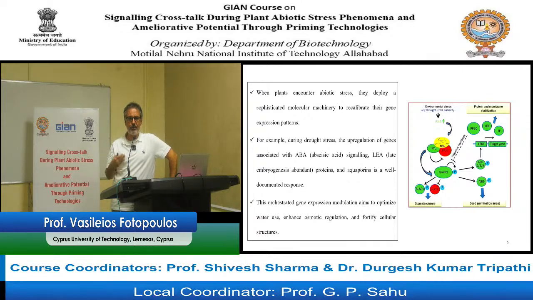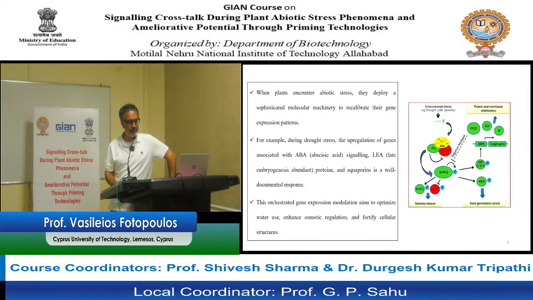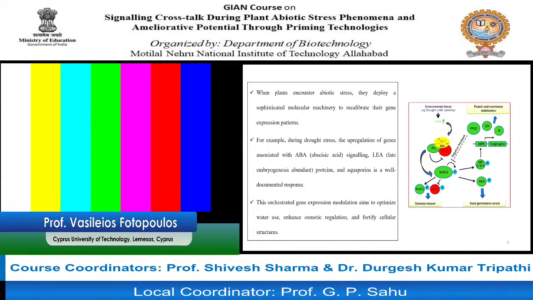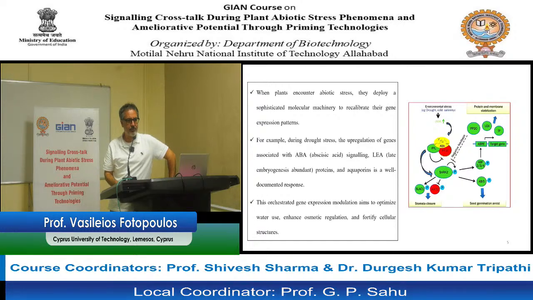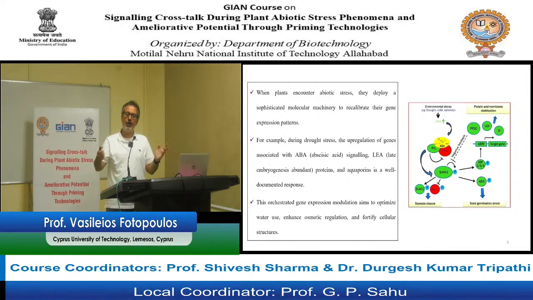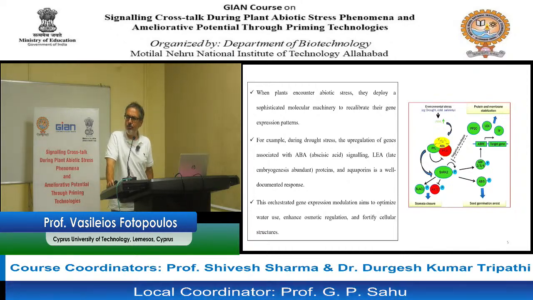Another major component that is universal, in the sense of appearing in virtually any sort of stressor, is the regulation of the LEAs that I mentioned yesterday, which are the late embryogenesis abundant proteins. Okay? This is another component that we've seen highlighted in virtually all of the stress conditions mentioned earlier. And of course, as a global response, we do usually get regulation of aquaporins, which are the channels that assist in the permeation of water, because water balance is crucial for virtually most types of stress.